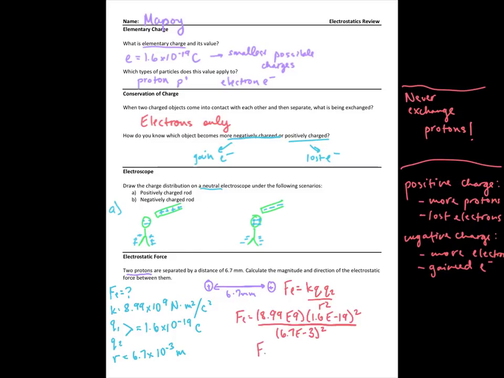And you get that Fe, the magnitude, is 5.13 times 10 to the negative 24th newtons. And now we have to think about direction, and you have to look at the signs of the charge. Now they're both positives, they are like charges, so like charges repel, so they're going to move away from each other. Okay, and that's your direction, away from each other.